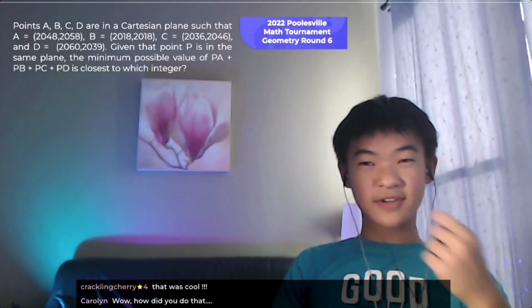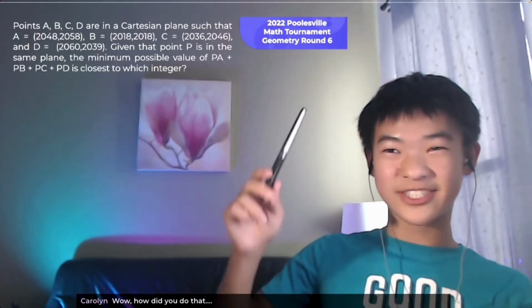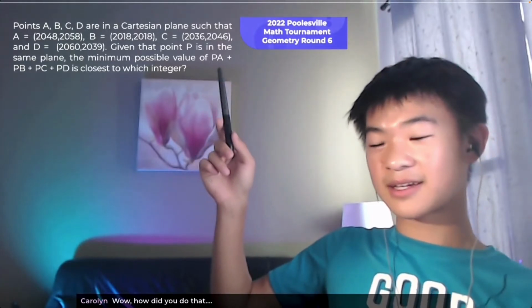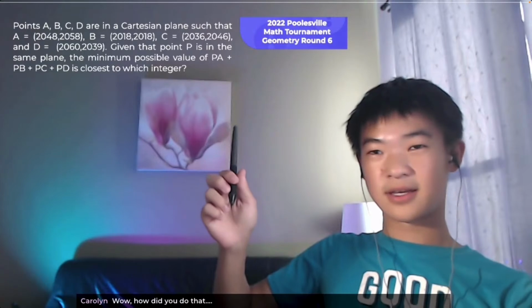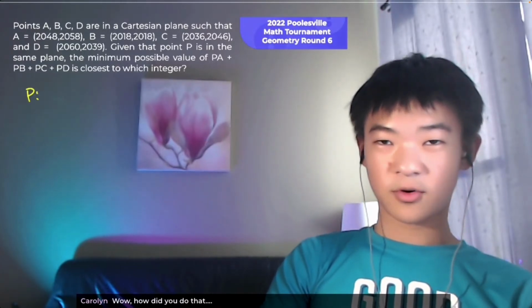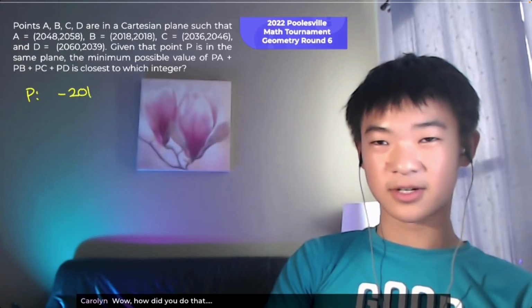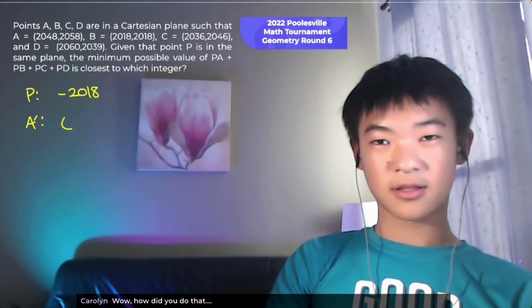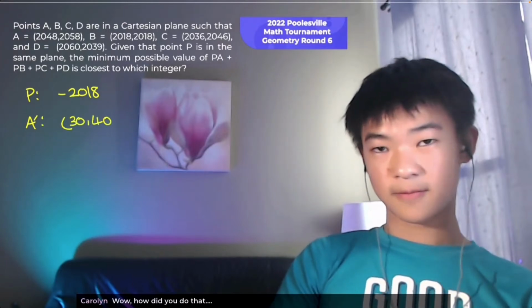So the first thing I'm going to do is subtract 2018 from all of these coordinates, because that doesn't change distance. So for point P, we just need to remember we subtract 2018 from both coordinates. Now, let's call it A prime. A prime becomes (30, 40).